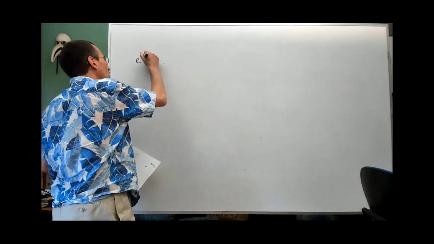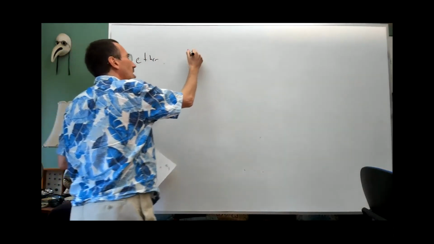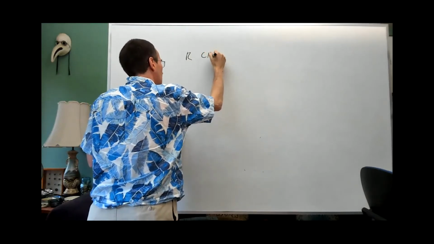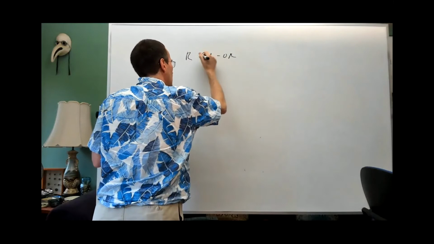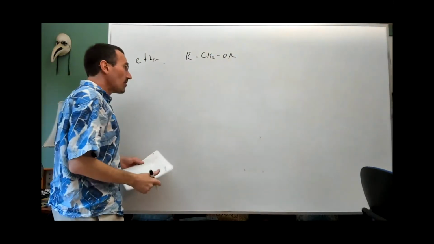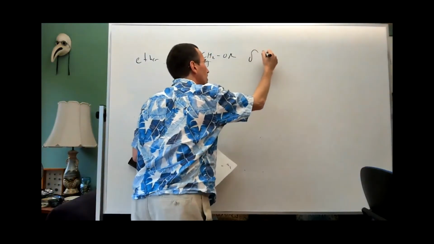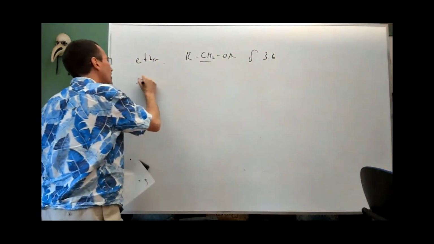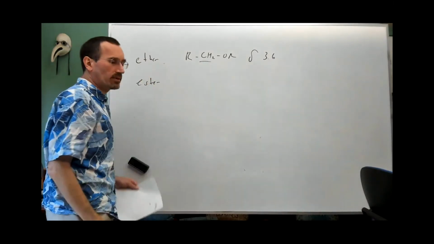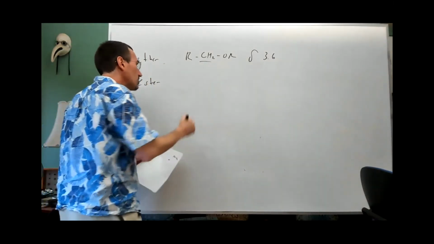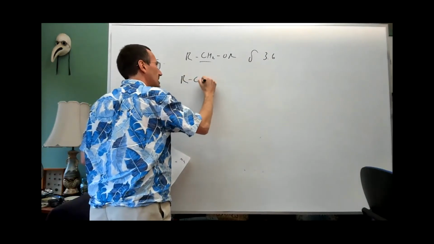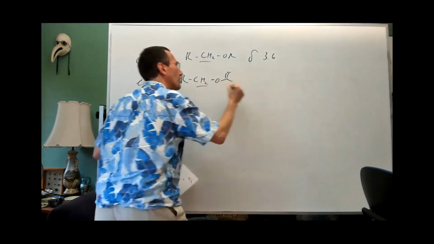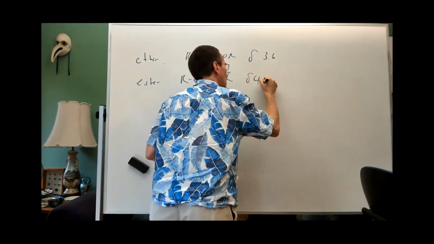For example, for an ether, probably because I've seen too much diethyl ether in my samples, I'd keep in mind about 3.6. And for an ester, because I've probably seen too much ethyl acetate in my samples, I would keep in mind about 4.1.